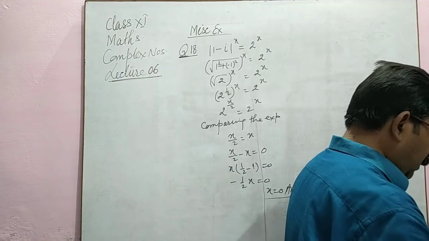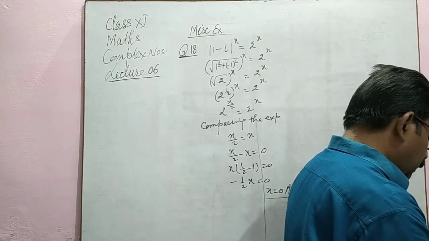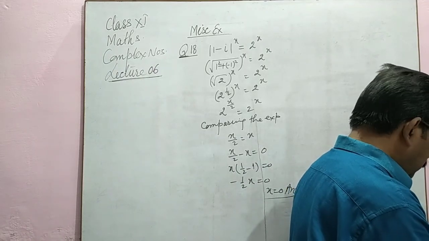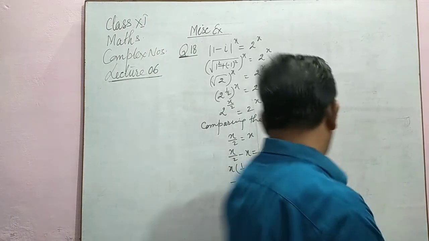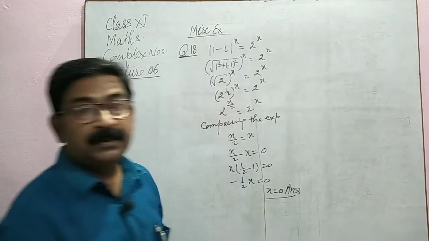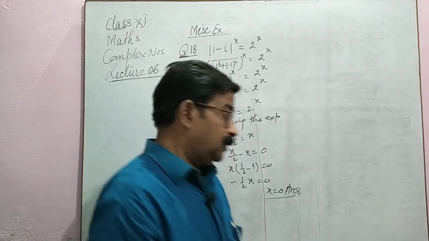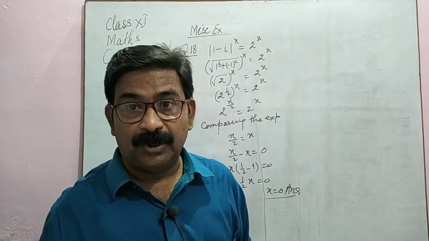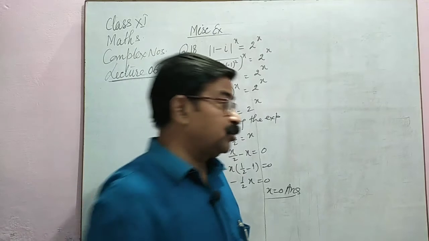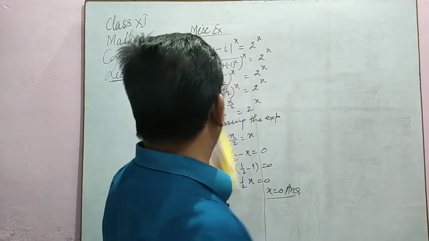Question number 18, the answer is given as 0. Right? This one is 0. It means there is no non-zero solution. There is no non-zero solution, which means the solution is 0.